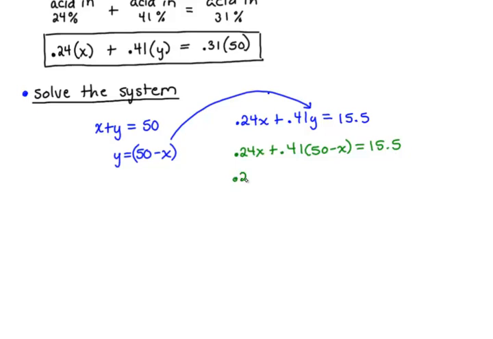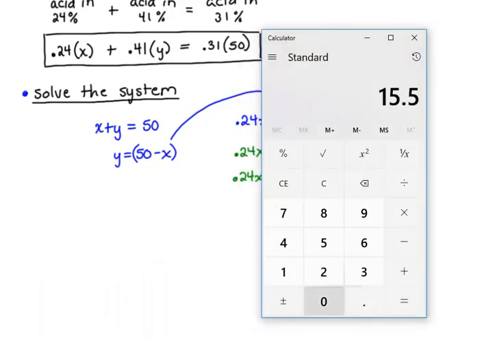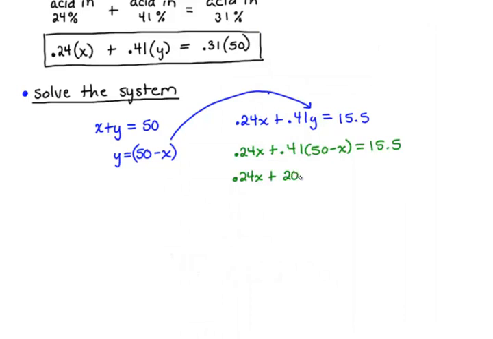Okay, so now I have 0.24x plus 0.41 times 50, 20.5, minus 0.41x is equal to 15.5. For those of you that didn't know what I did, I used the distributive property here. Okay, add my like terms.